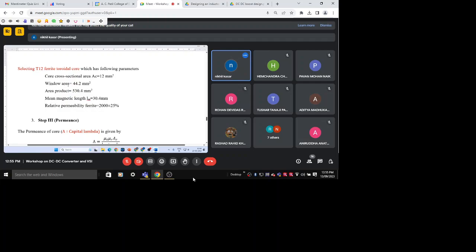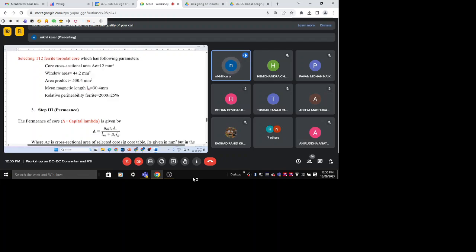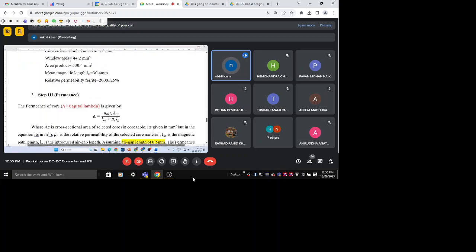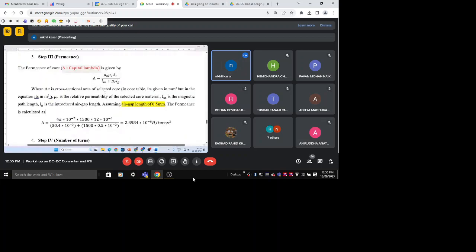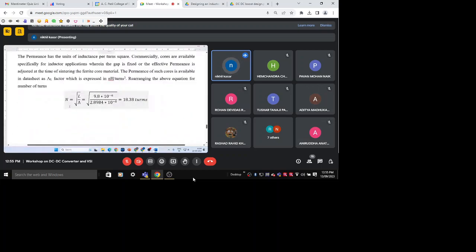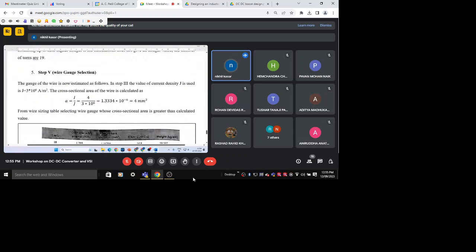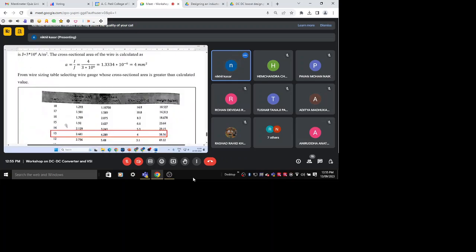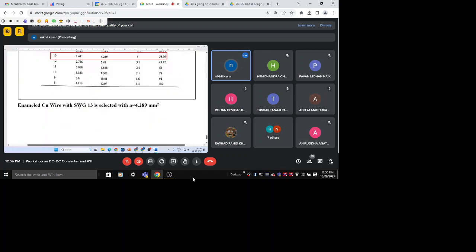Value of LM, AC, area, LM, all the values for calculation of permeance. Why am I calculating permeance? Because unless and until I know the permeance value, I cannot calculate the number of turns. Once I reach the number of turns, we will select the wire gauge. SWG standard wire gauge is 13.